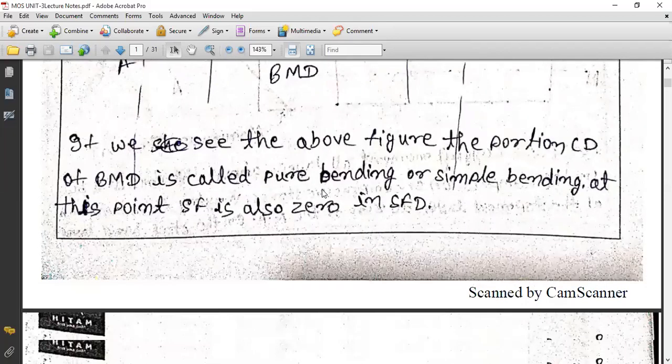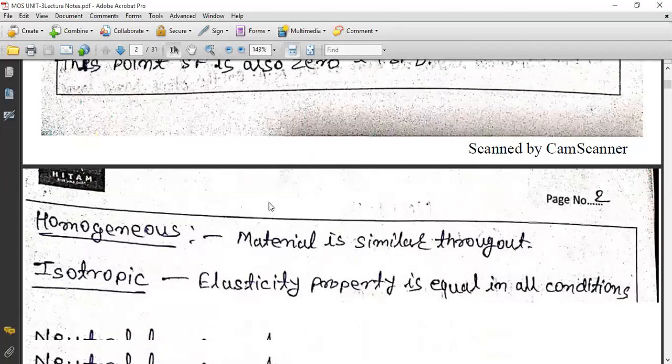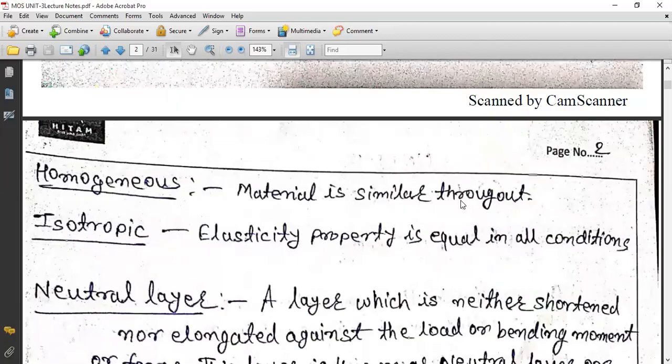Okay, so next, what is homogeneous? Material is similar throughout. These are the definitions which can be asked in the JNTU exam. What is homogeneous? What is isotropic?